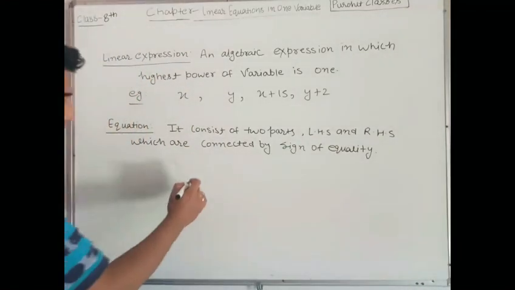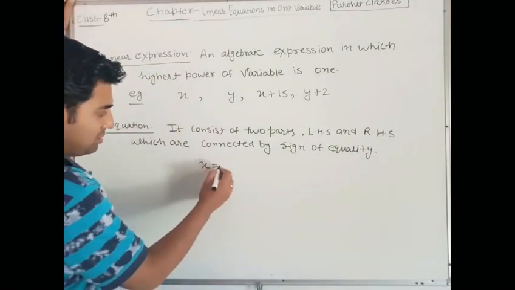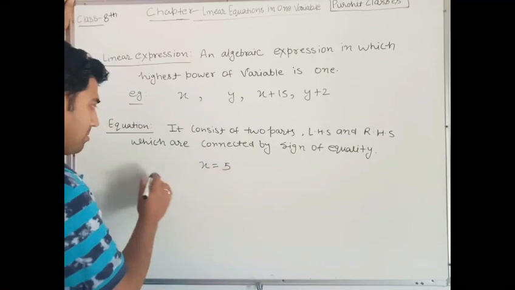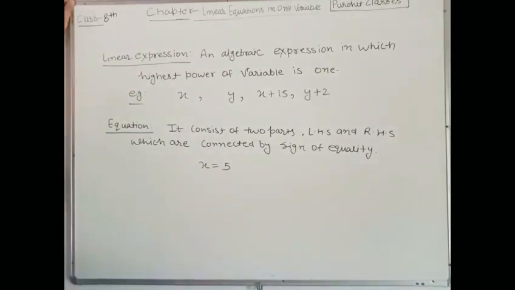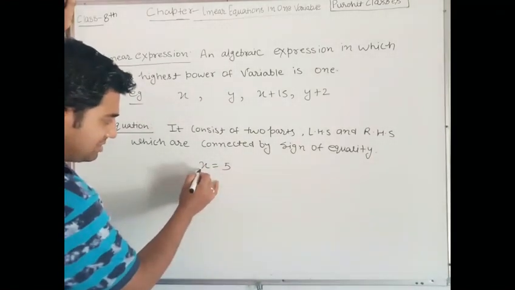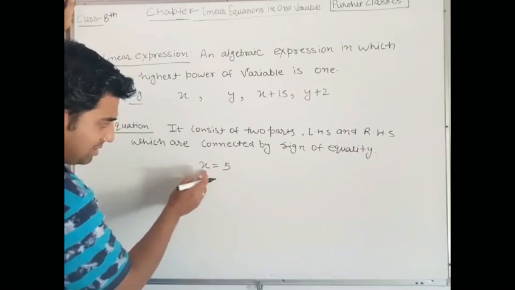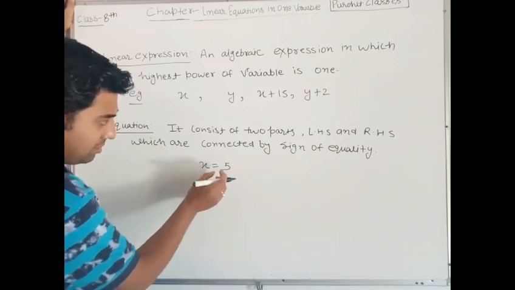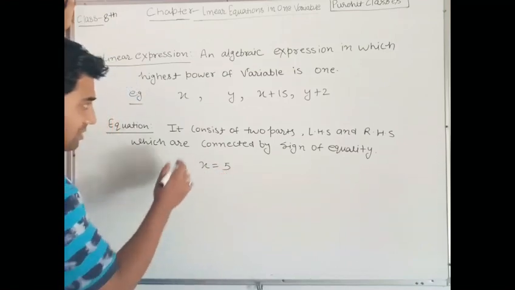Suppose I am writing x equals 5. So this is an equation which tells us that the left hand side is x and the right hand side is 5, and both are connected with sign of equality.